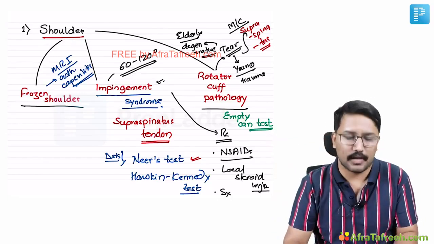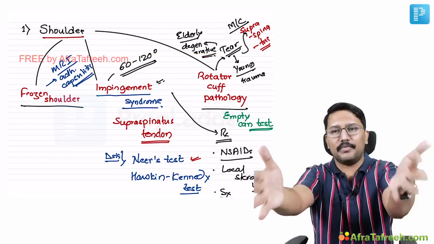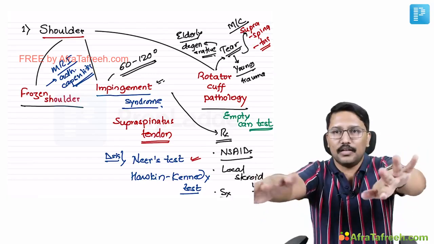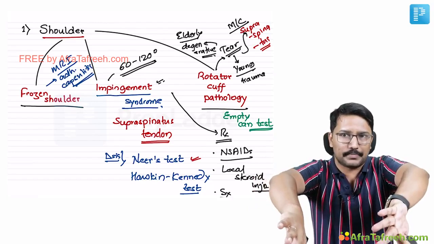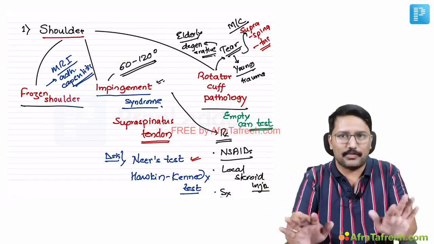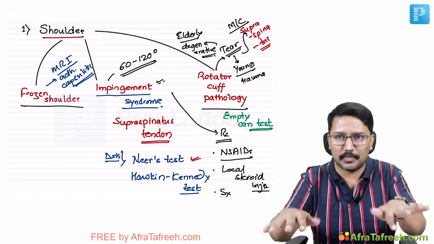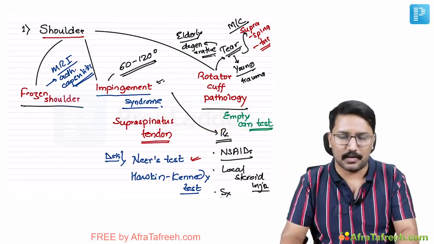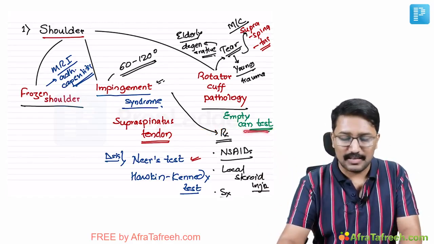So we ask the patient to stretch their hand out and internally rotate the shoulder, and this precipitates the pain. When we are doing this, the examiner applies pressure downward, and that precipitates the pain. This is the empty can test, and that is suggestive of rotator cuff tear.